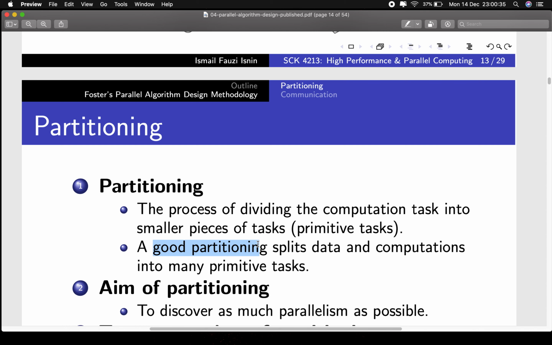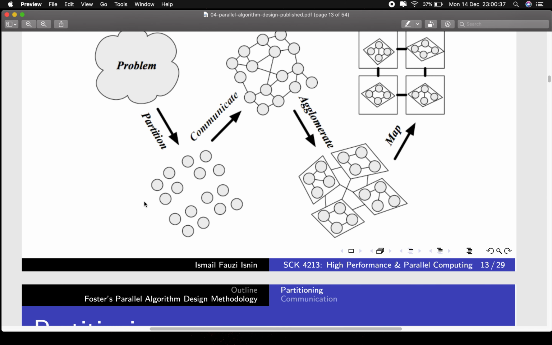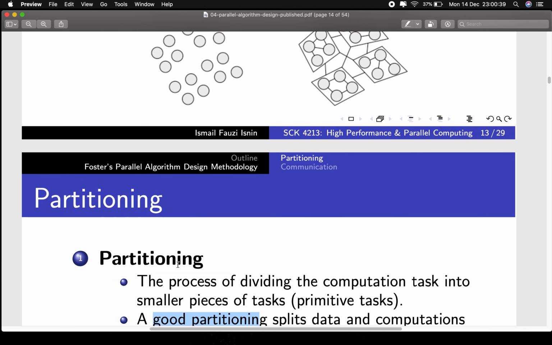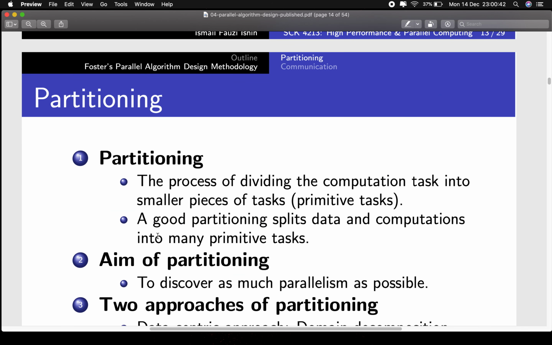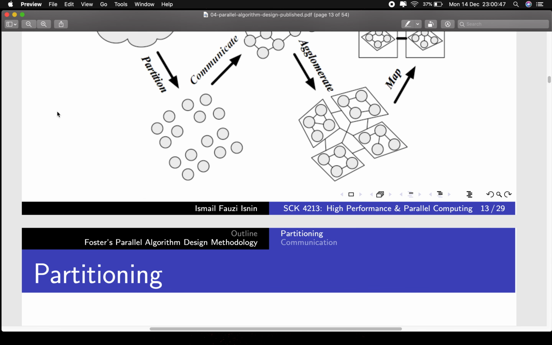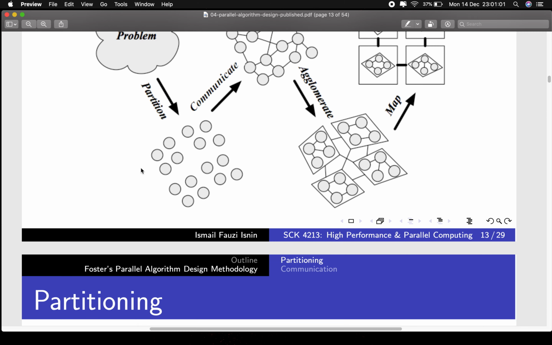So a good partitioning means you have many groups, many primitive tasks. If you have many groups of tasks, it means your partitioning is good.